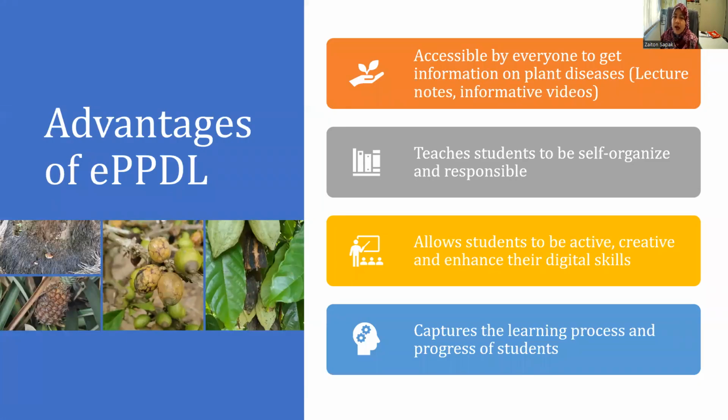The advantage of E-PPDL as compared to the conventional: normally when we, as lecturers, give tasks to the students for one subject, one course has about two or three assessments, or at UiTM a maximum of four.